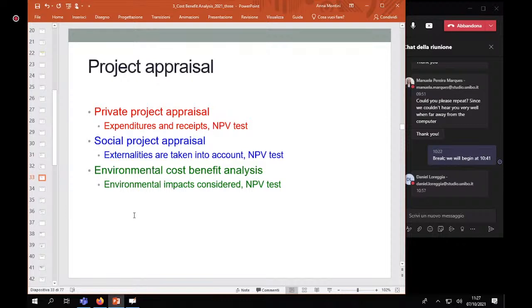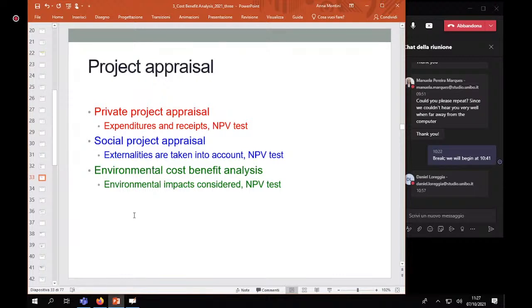If you consider the social project appraisal, you have to consider all the externalities, negative and positive externalities, okay? Once you have estimated negative and positive externalities, you can calculate the net present value test.